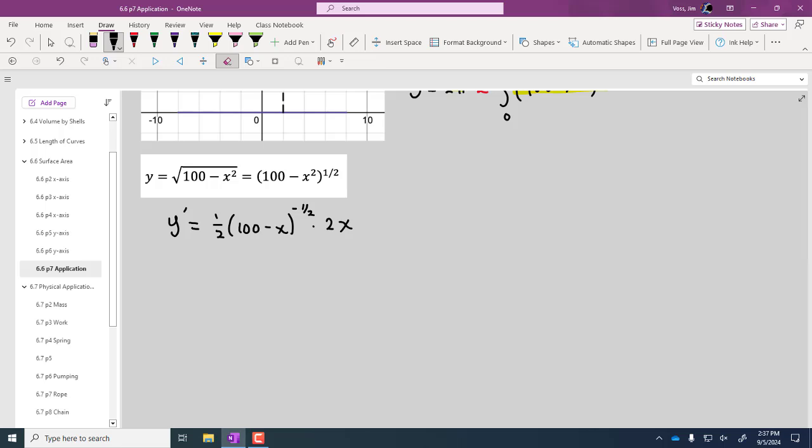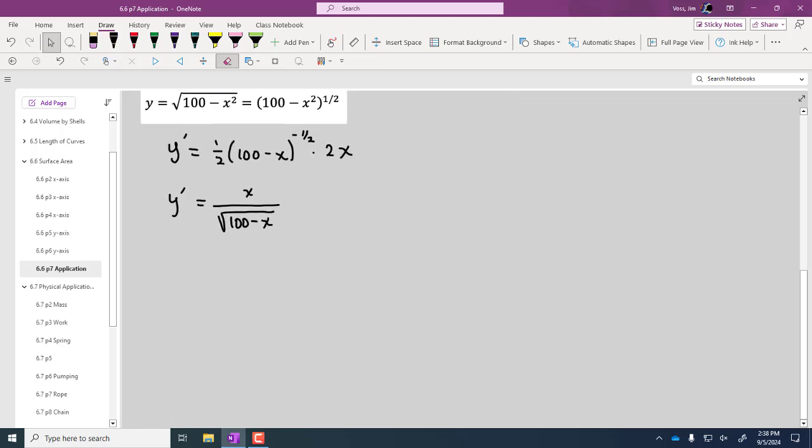That's the first derivative using the chain rule. So y prime, let's clean this up a little bit. We're going to get x divided by the square root of 100 minus x squared.